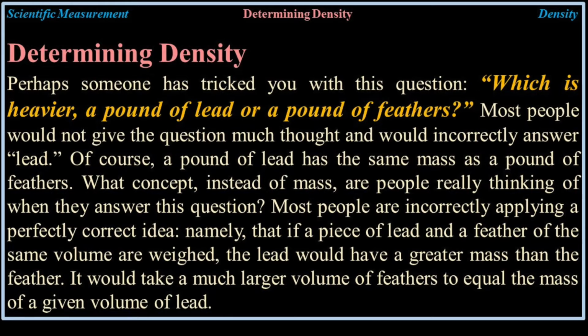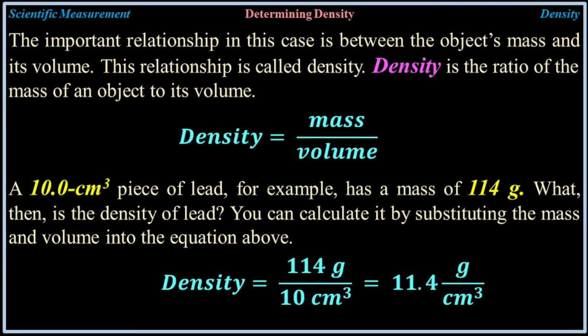Most people are incorrectly applying a perfectly correct idea, namely that if a piece of lead and a feather have the same volume or weight, the lead would have a greater mass than the feather. It would take a much larger volume of feathers to equal the mass of a given volume of lead.